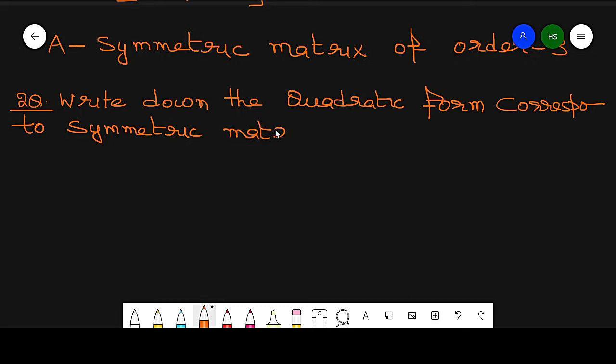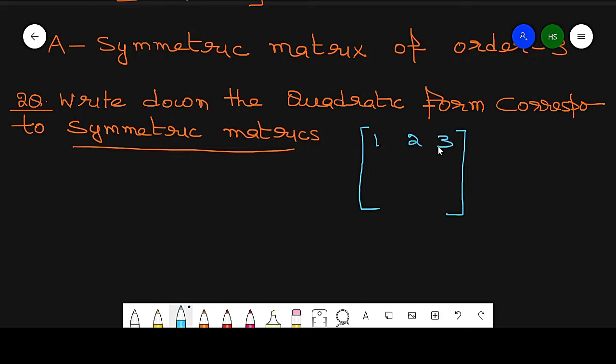So the given matrix is a symmetric matrix. So remember that. What is the symmetric matrix? This is 1, 2, 3, 2, 0, 3, and 3, 3 and 1. So clearly this is a symmetric matrix.